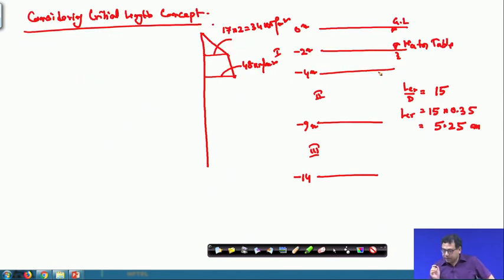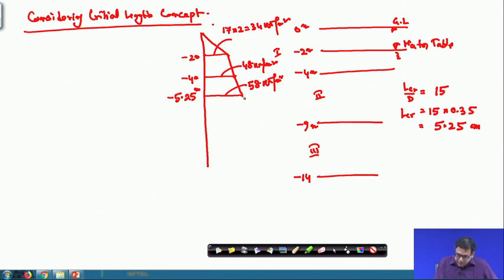Then the critical depth is up to 5.25. So, it will further increase up to 5.25. So, this is minus 2, this is minus 4, this is minus 5.25. Okay. So, this value is 58 kilonewton per meter square.